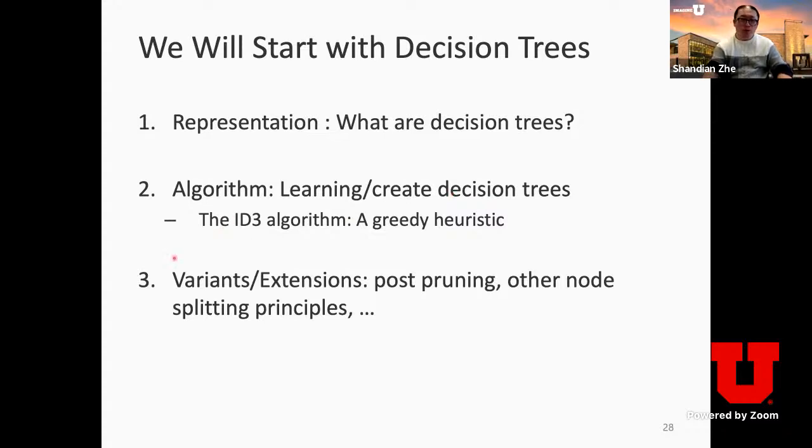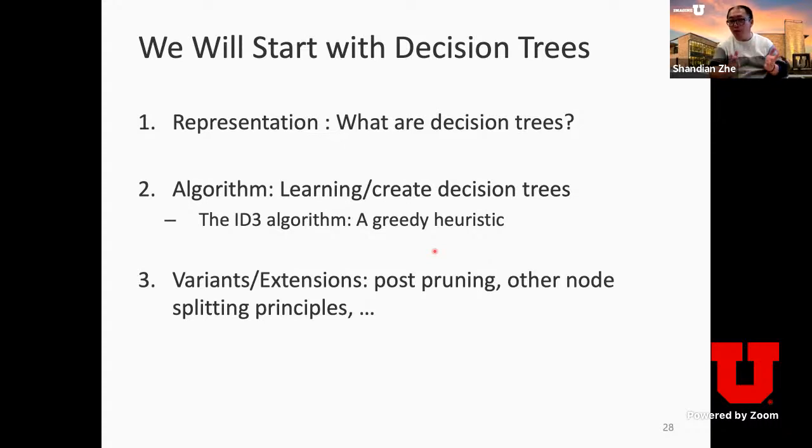Later, we'll talk about the problem of the original ID3. You'll see that the original greedy heuristic will end up with very large, deep trees, which is not good. We'll introduce the concept called overfitting. And you'll see that overfitting is bad in real world applications.